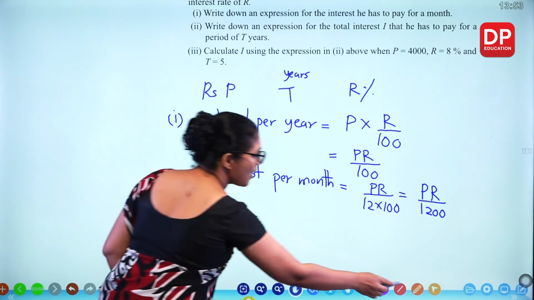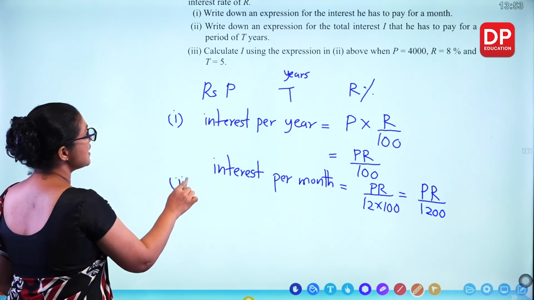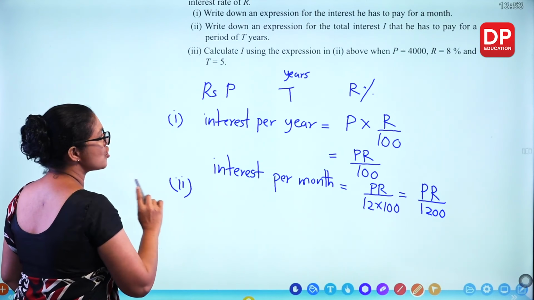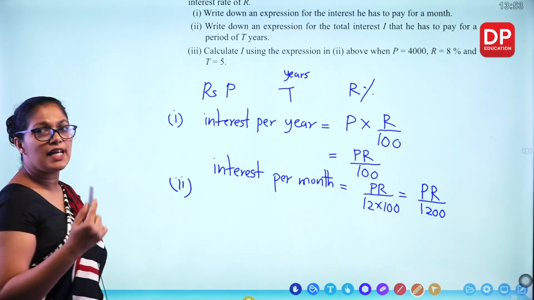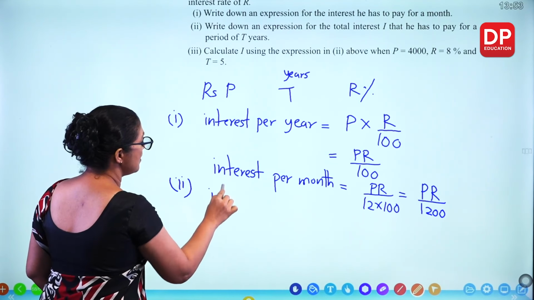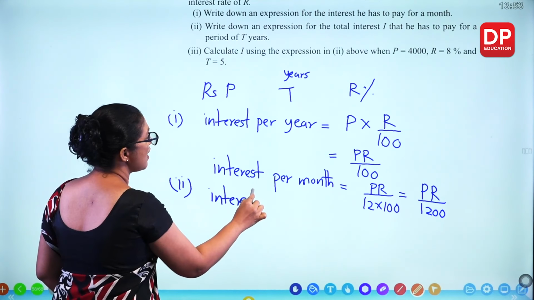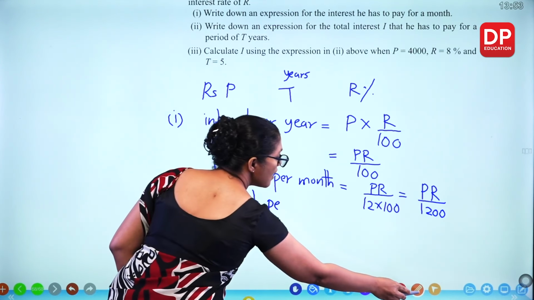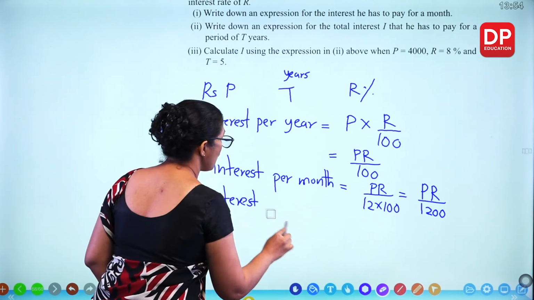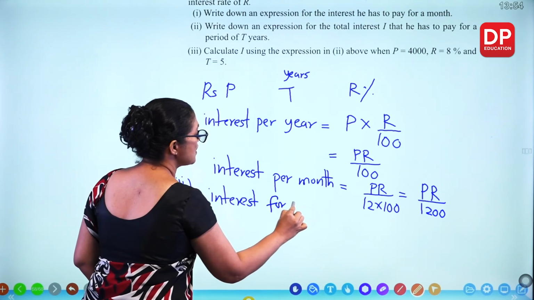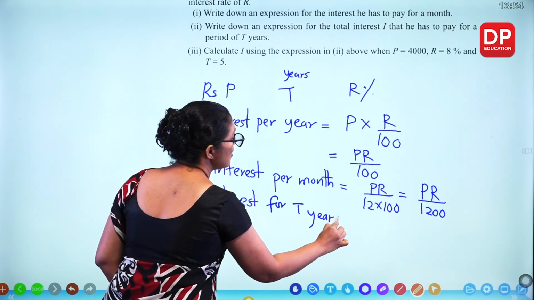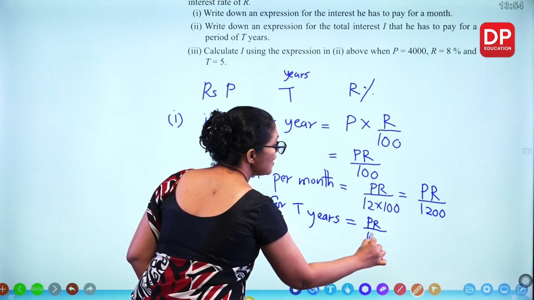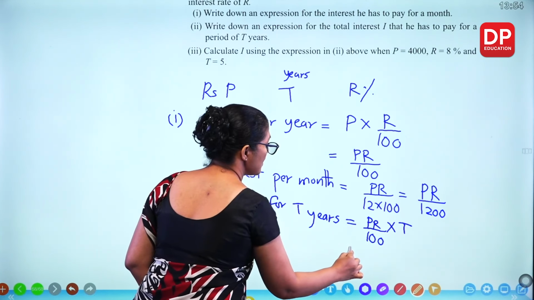So in the second part, we need it for T years. We know the interest per year is this much. So interest for T years is the annual value, which is for 1 year, multiplied by T. So what's the answer?